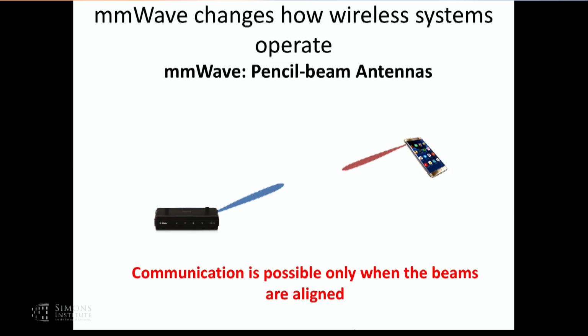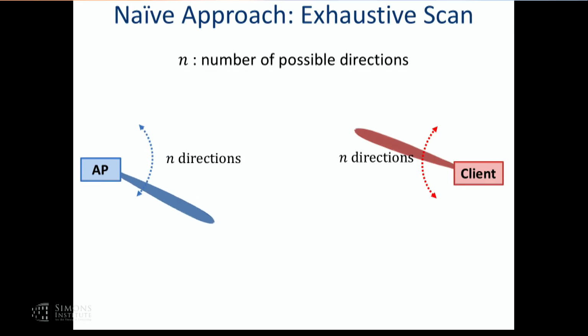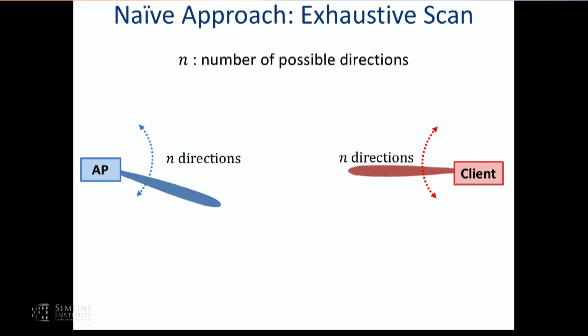So how can we align? Well, the naive way is to do an exhaustive search. So if you have n directions that you can beam in, you can try for every direction at the access point, or at the client, you try all possible directions at the access point.